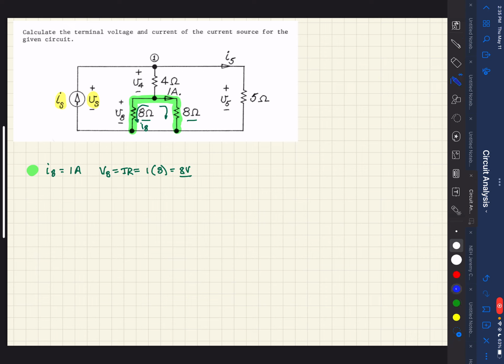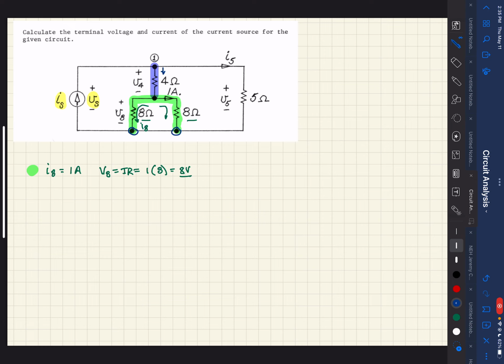Working further back, we now want to look at this section here. Whatever current enters here has to come out these 2 points.